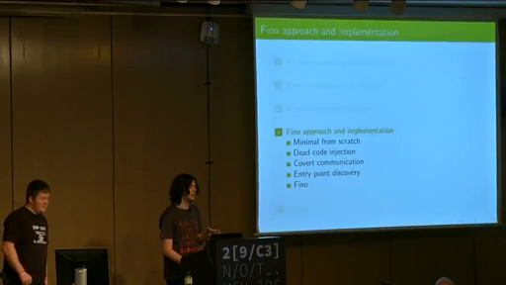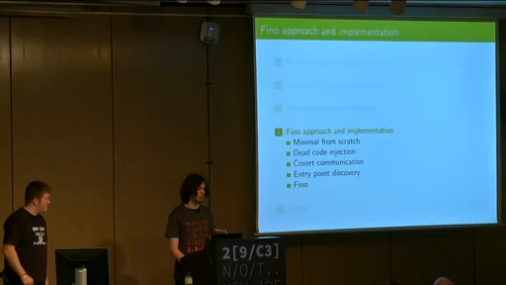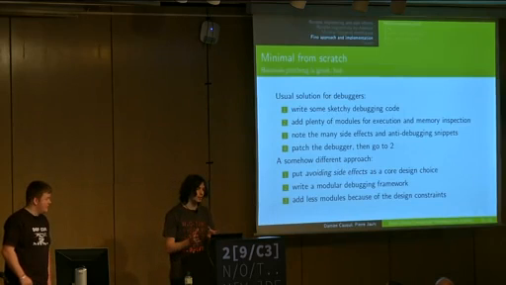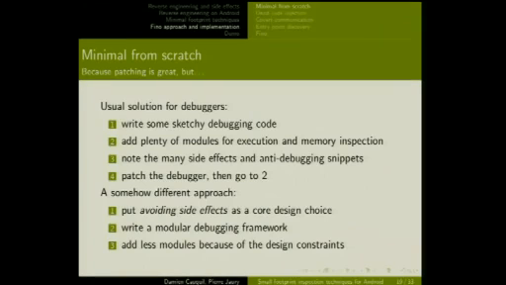And that is the approach we took when building a tool we called Fino. This tool has been built as some kind of a debugger that was minimal from scratch. Instead of writing a usual debugger and going sketchy, adding plenty of functionalities, plenty of abilities, and noting the side effects, then going back and correcting the side effect, and then adding more modules, we took a very different approach.